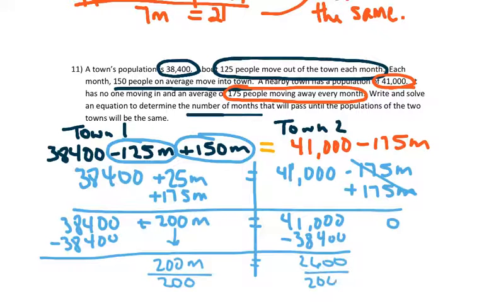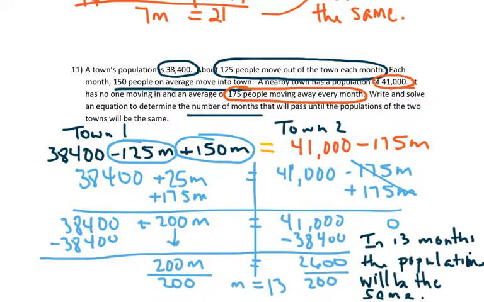When we do that, we get m is equivalent to 13. So that means that in 13 months, the populations will be the same. Be sure to write your answer in sentence form. In 13 months, the populations will be the same. And that ends this lesson.